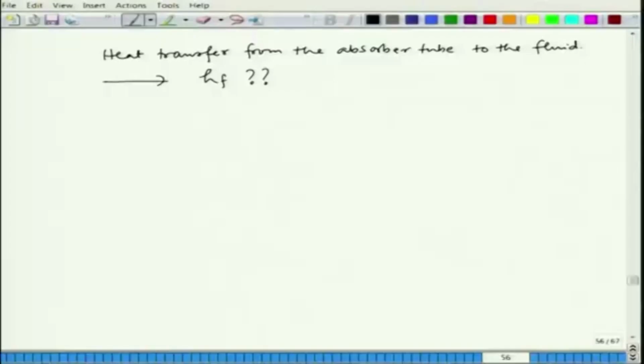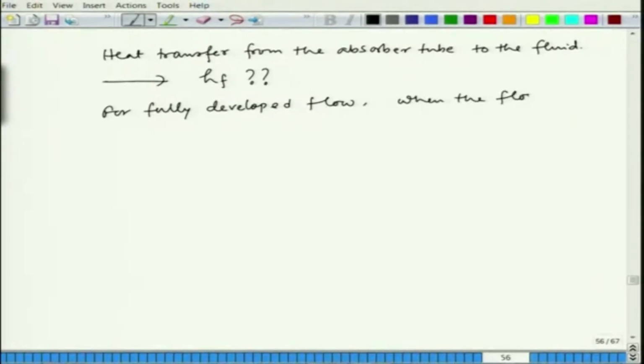I am just repeating it because this is a pipe flow. Okay. For pipe flow, you know, for fully developed flow, when the flow is laminar, so usually Reynolds number less than 2000, okay, the Nusselt number, which is the non-dimensional heat transfer coefficient, is basically constant, right.